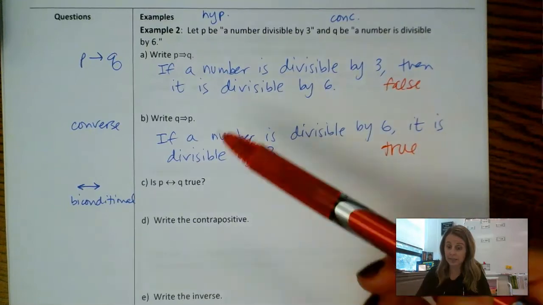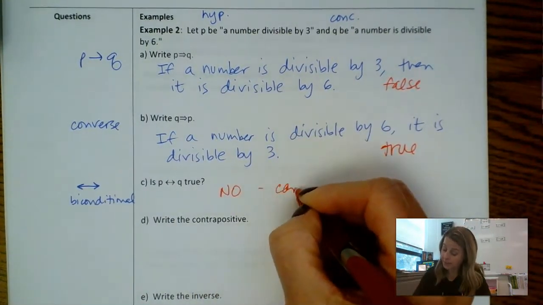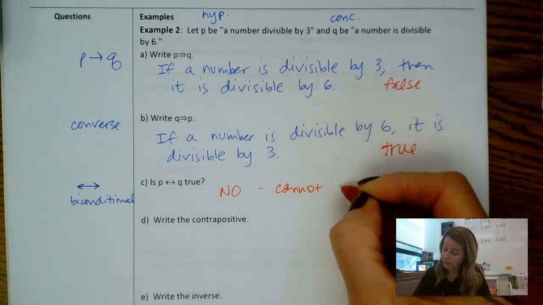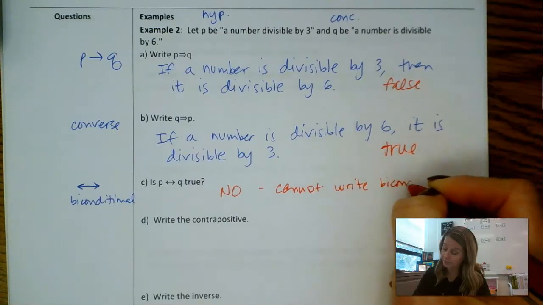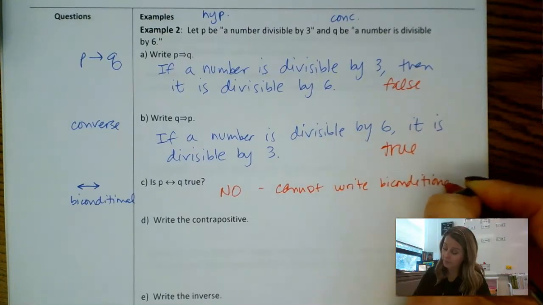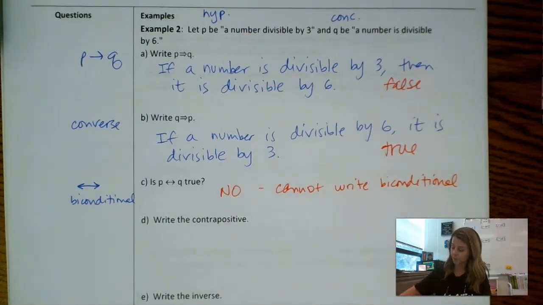Is the biconditional true? No. I'm going to say here, cannot write biconditional. That's one thing we'll practice a little more: you must have a true converse and conditional in order to move on to the biconditional.